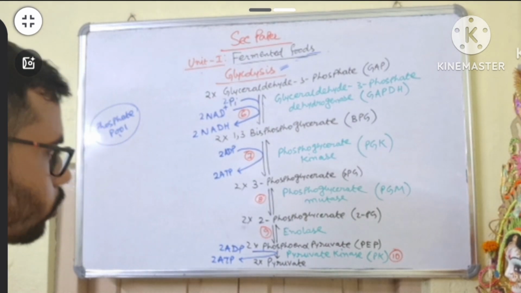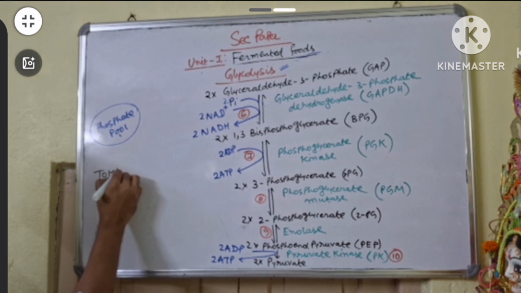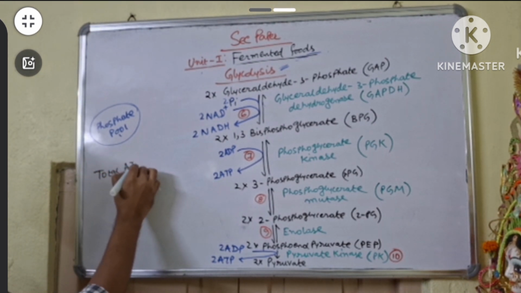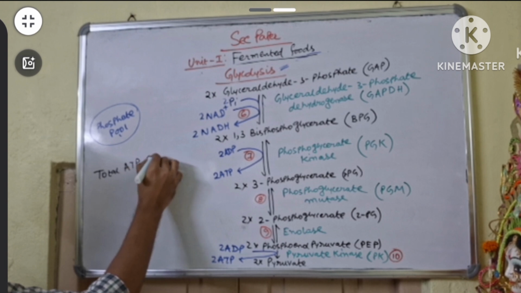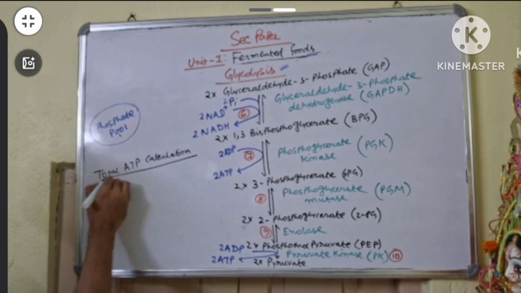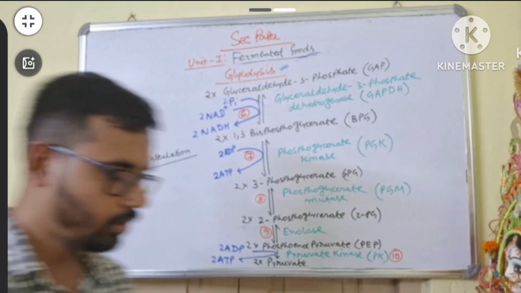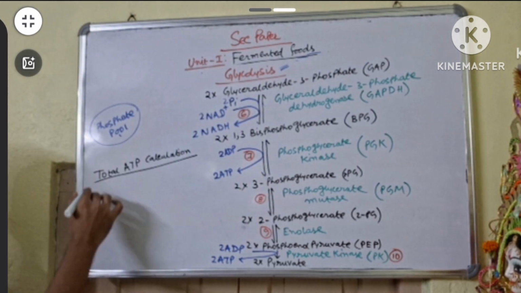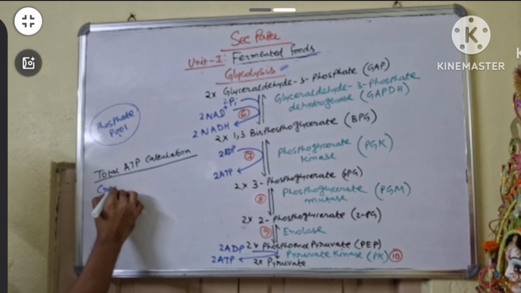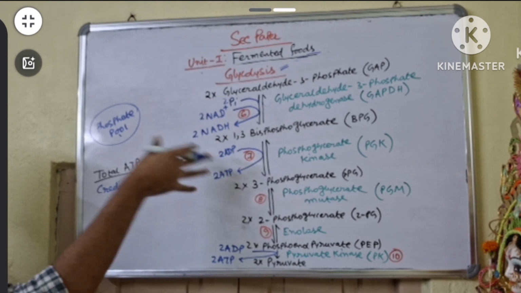So if you count the total ATP, how many ATP will be formed? Think of credit and debit.